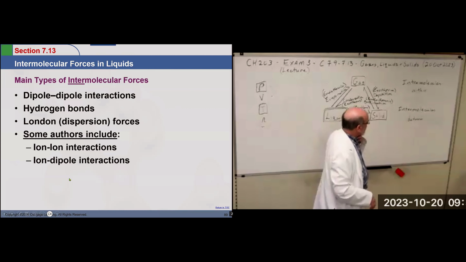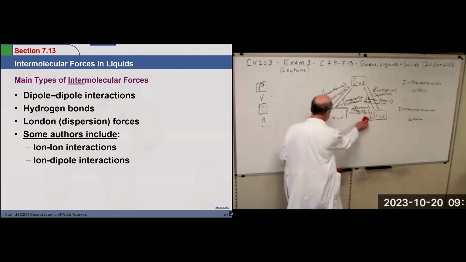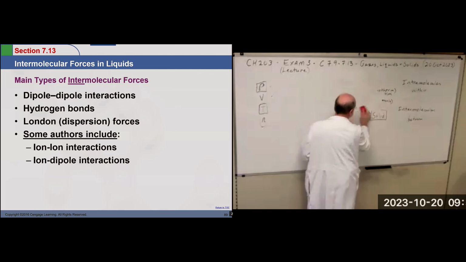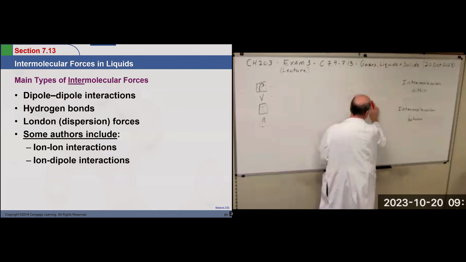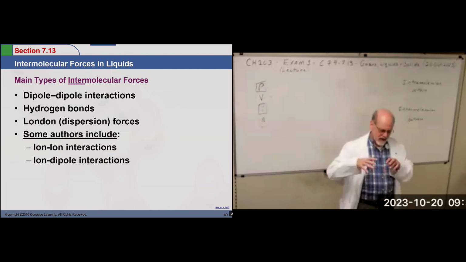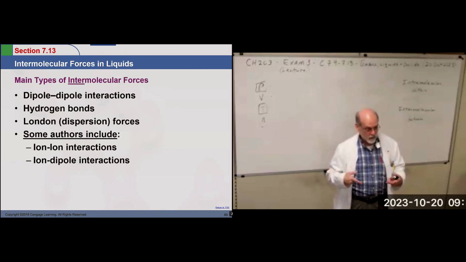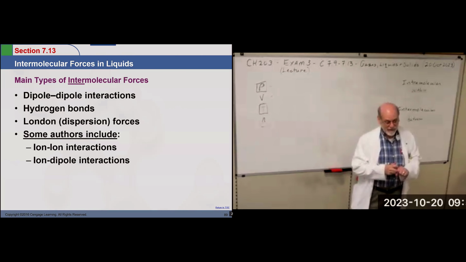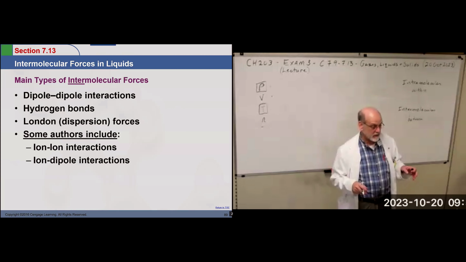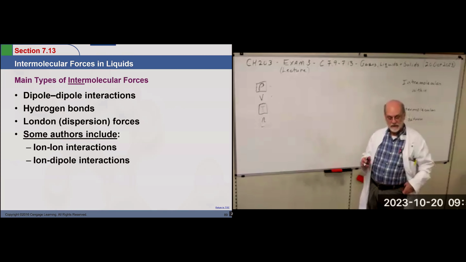Okay, we can characterize these forces. I'm going to erase this now. We can characterize these forces and name them. We categorize them based upon the strength of the force and how the force is made. Dipole-dipole interactions are ones that we've discussed before.